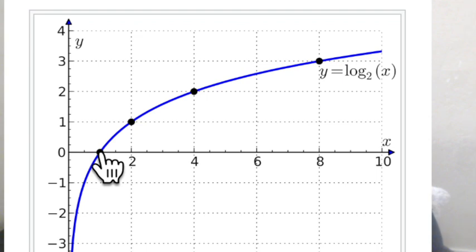But it is on a continuum. This curve here is actually hyperbolic, and it is an inverse graph. It's the inverse of exponentiation.